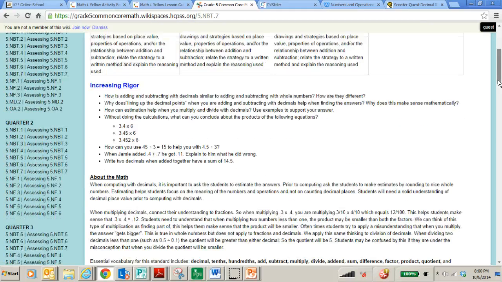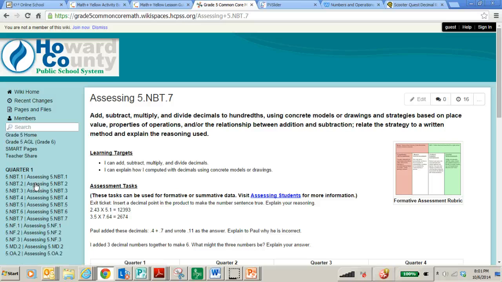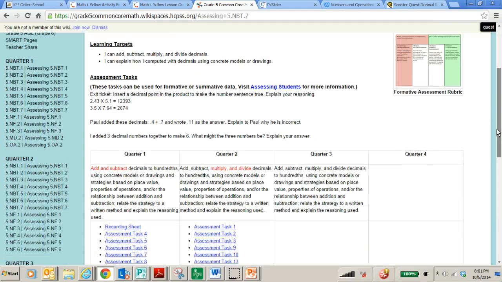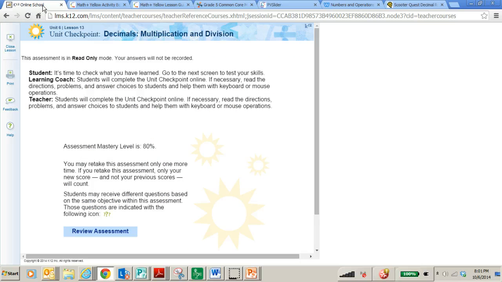What you can do is go to 5.NBT.7 and read the resources here, as well as go to Assessing 5.NBT.7, and there are documents you can download that are actual assessments you can give your child to check their understanding of whether they truly know how to multiply and divide decimals. You can download all of these different things to practice on your own. Of course, this is not required, it is optional, but if your child is struggling with the OLS, I would definitely pull out some of these resources and talk to your homeroom teacher about some of the things you're going to supplement with.